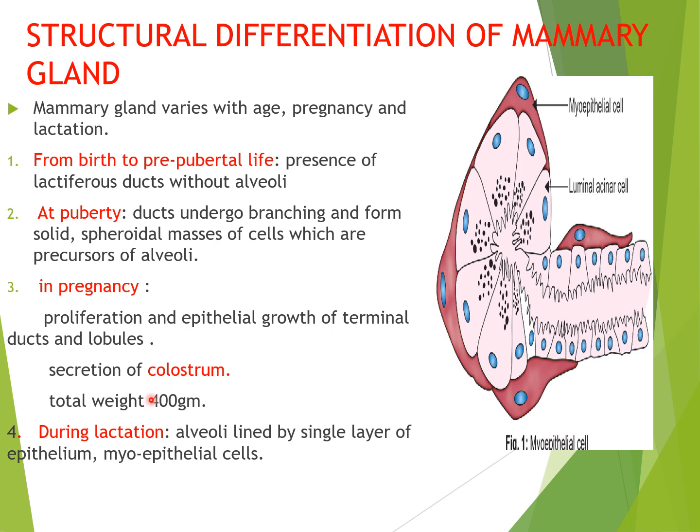So the weight of each breast reaches about 400 grams, and the secreting alveoli, or the acinar cells, they enlarge because of the accumulation of the milk.